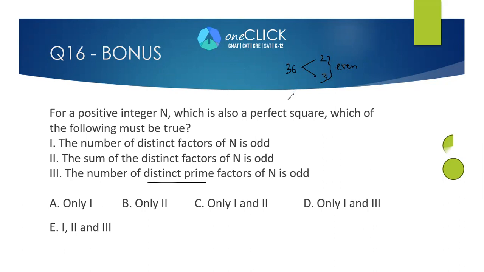But you can also have a number like 900, which is 2 squared, 3 squared, 5 squared, so there are 3 prime factors. So there can be an even number or an odd number of prime factors. We can't say; the number of prime factors can be anything. So 3 does not have to be true. So the answer is 1 and 2. So C.